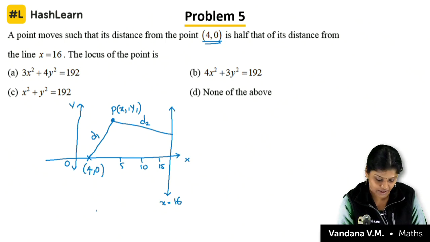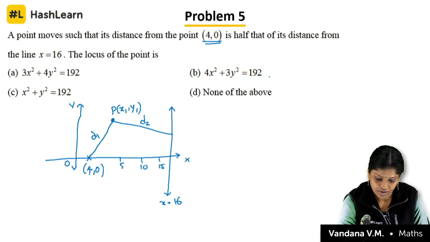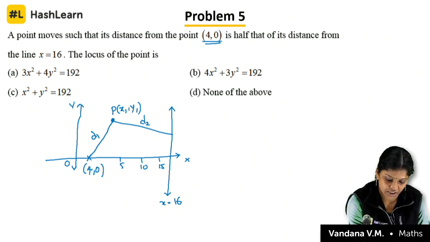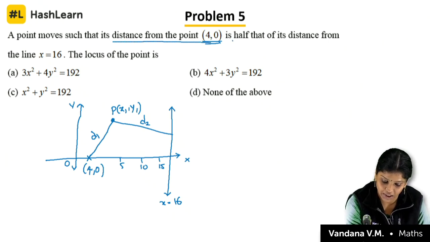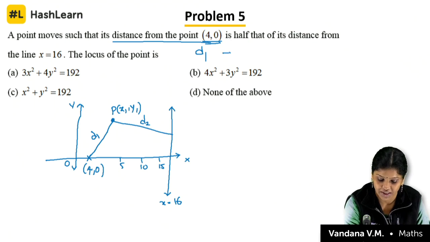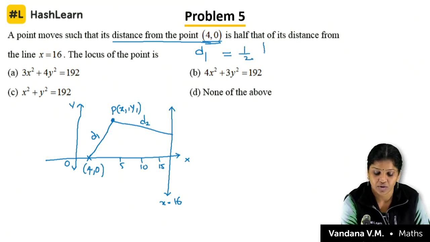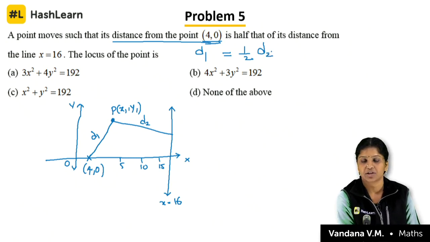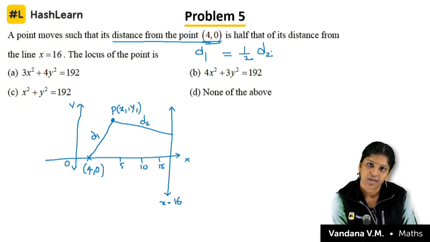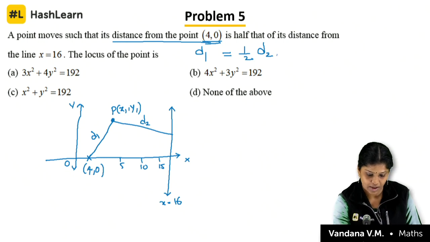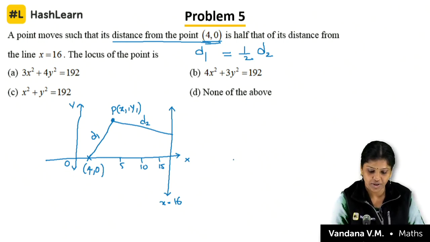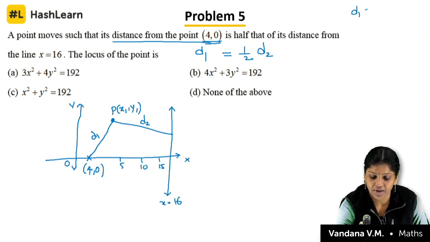Please read, the point moves such that the distance from the point is... So, if I am taking this as d1, it is equal to half of its distance from the line. So, that distance I took it as d2. Clear, children? Yes. Now, the condition is d1 is equal to half d2.